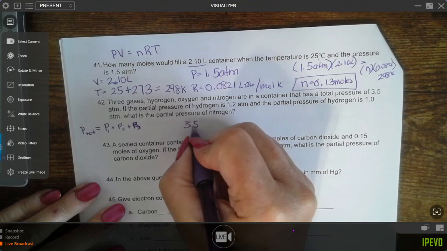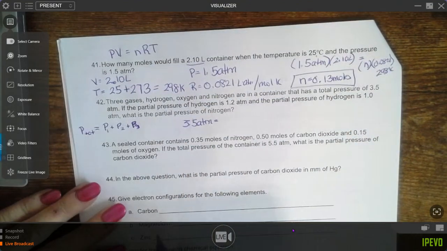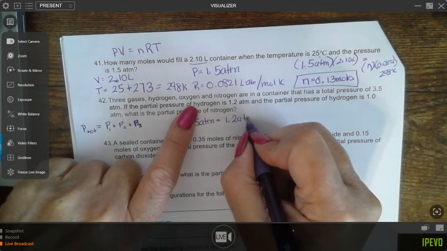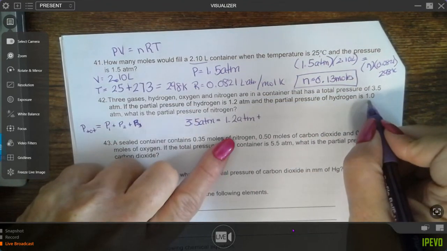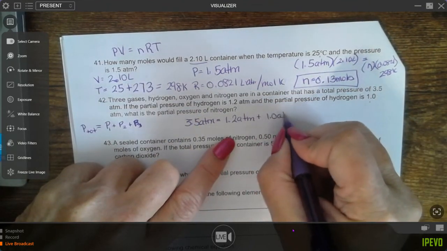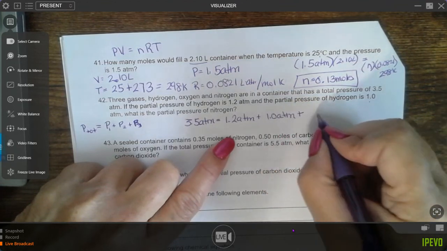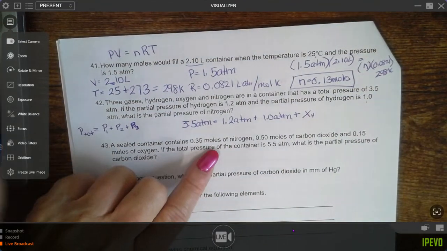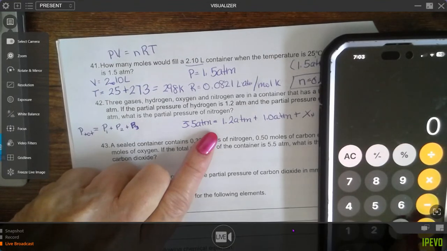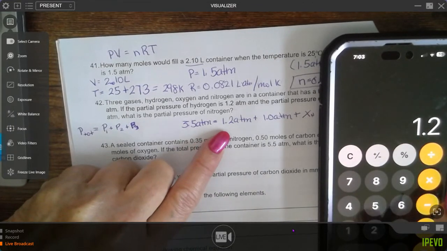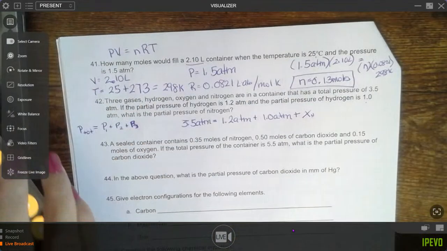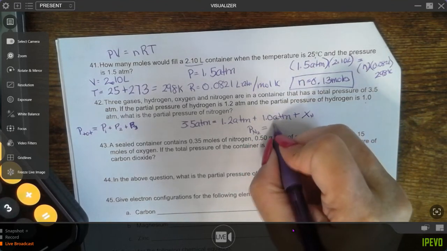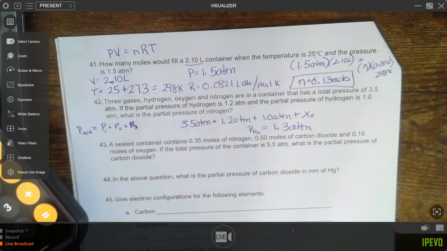So I'm going to do 3.5 atmospheres is going to equal, if the partial pressure of hydrogen is 1.2 atmospheres and the partial pressure of oxygen is 1.0 atmospheres, what is the partial pressure of nitrogen? I'm just going to do N. Okay, so all we got to do for this one, this is easy math, is take 3.5 minus 1.2 minus 1. That gives us 1.3. So the partial pressure of nitrogen is 1.3 atmospheres.